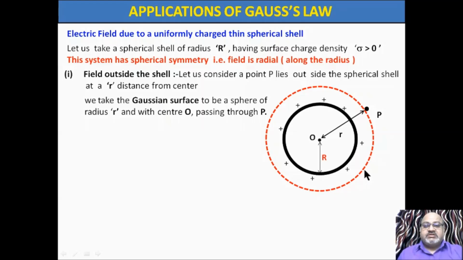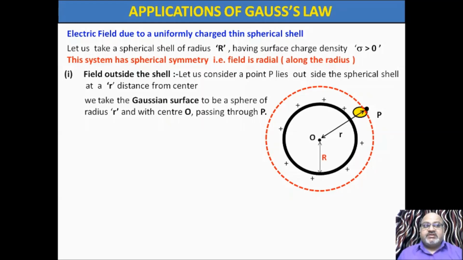Gaussian surface doesn't exist in reality. This is an imaginary surface passing through the point where we have to find the electric field intensity. This is the first step we have to take if we have to apply Gauss law.